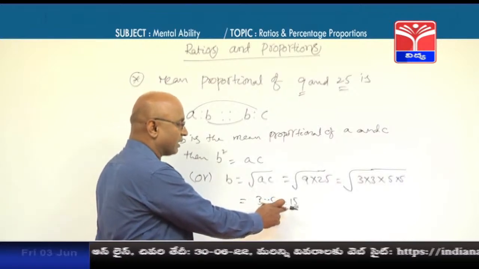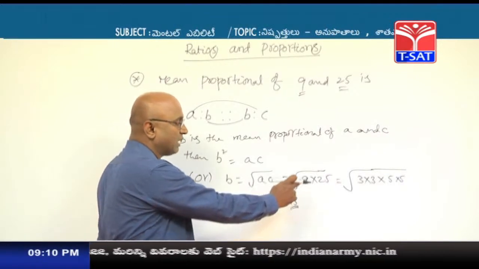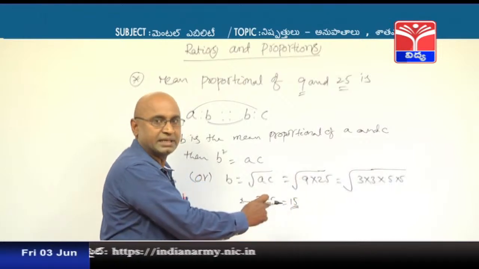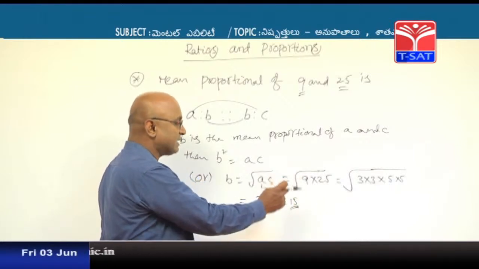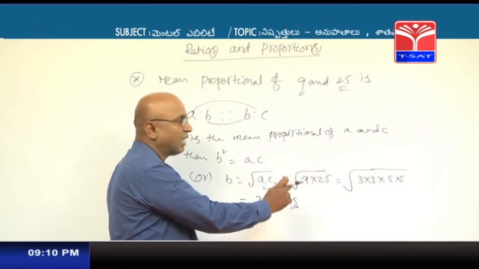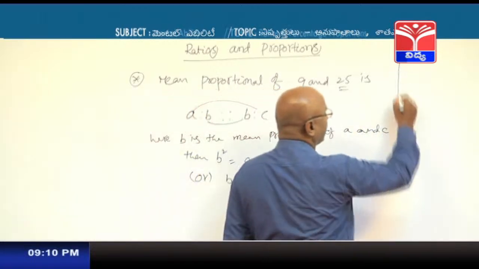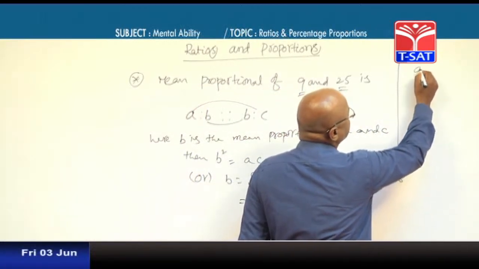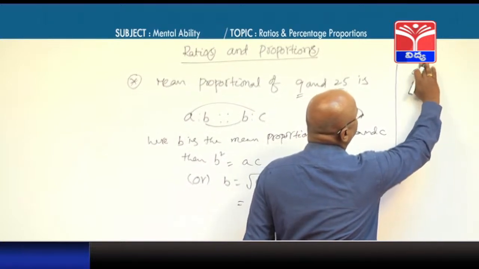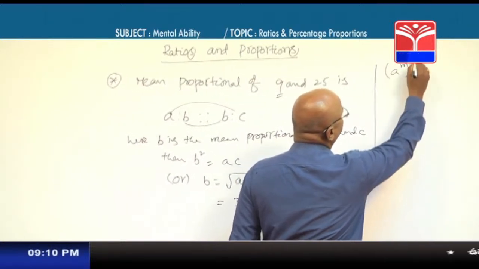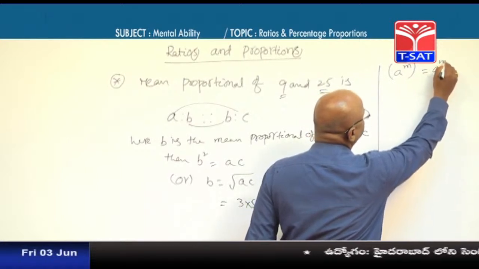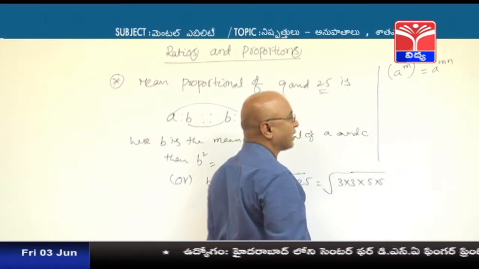Here for non-math students, how the root can be eliminated is a big issue. So I will explain how the root will be eliminated. In algebra there is a formula: a to the power of m whole to the power of n is equal to a to the power of mn.